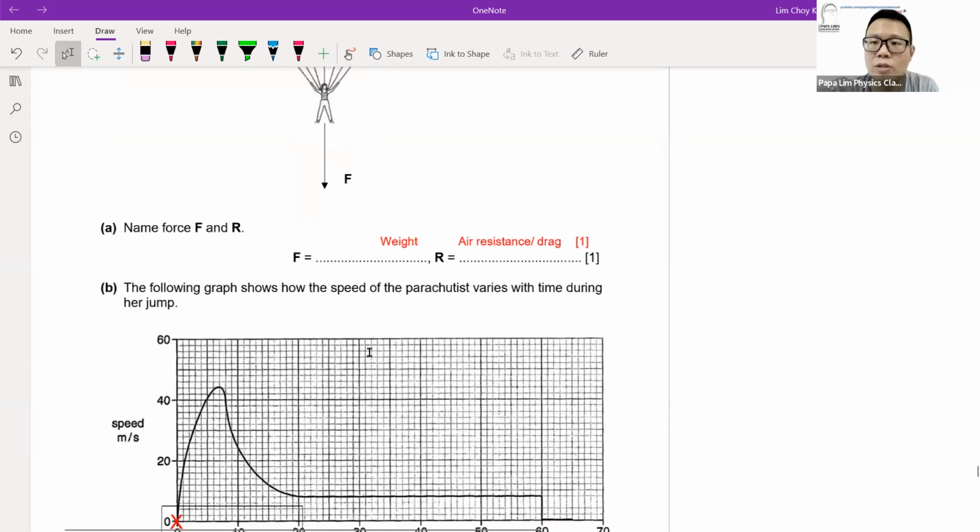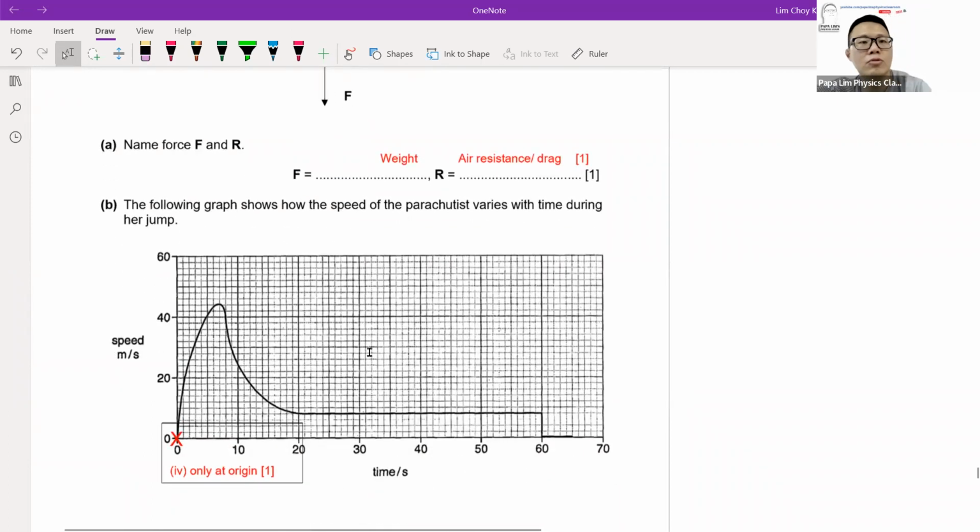Now, for this parachute question, you are given the speed here. Most of us know that this is where the parachutist is dropping. Now, we also know that in this area, the parachutist is in the air. But what differentiates between each of the section?